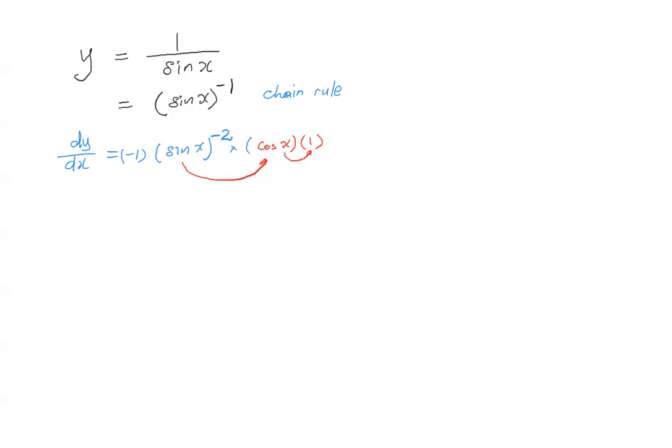So you see, that's why it's a bit complex. So this will be equal to negative cos x divided by sin squared x. Okay, you can write it like that, or usually people will write it like this.